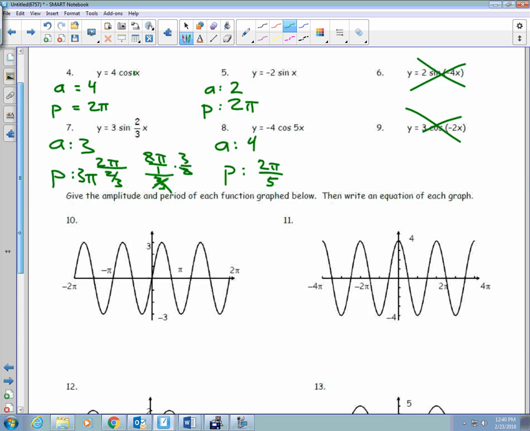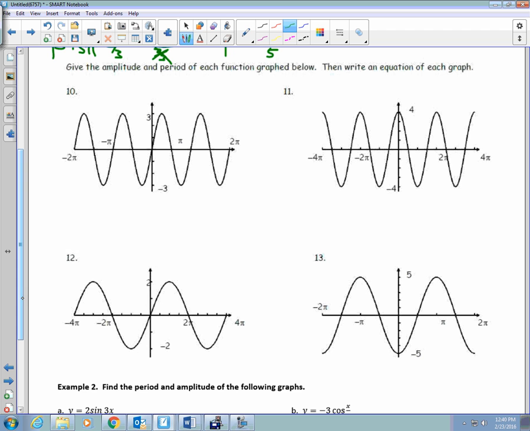Let's try a graphical representation. We're actually going to write equations for these 4. Let's identify first whether it's going to be a sine graph or a cosine graph. First one, a sine graph or a cosine graph. Why? Starts at 0, 0. What's the amplitude? What's period?